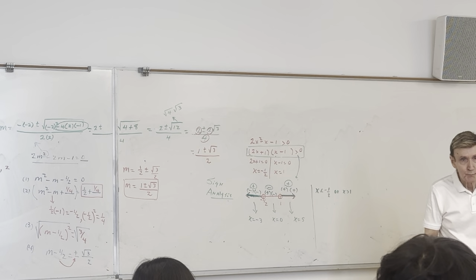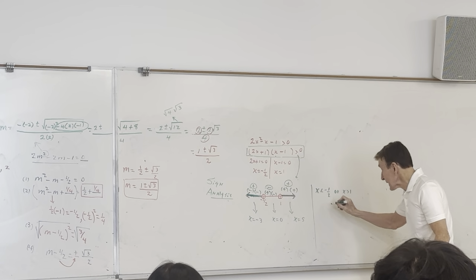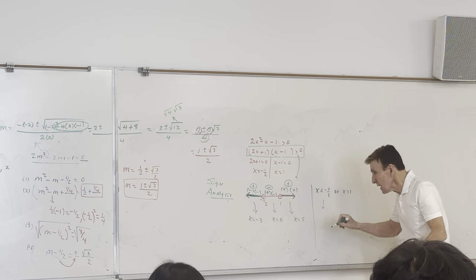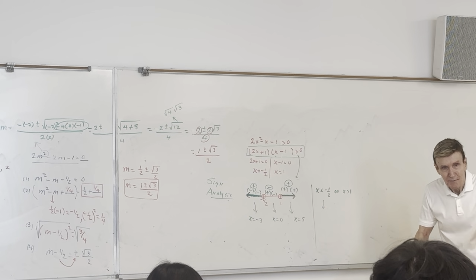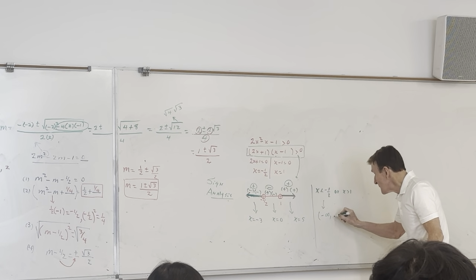That's correct. But if it's now placed in this thing called interval notation, how are you going to express everything to the left of -1/2 using interval notation? Yes? Parentheses, negative infinity, -1 over 2. Beautiful. Hang on right there.